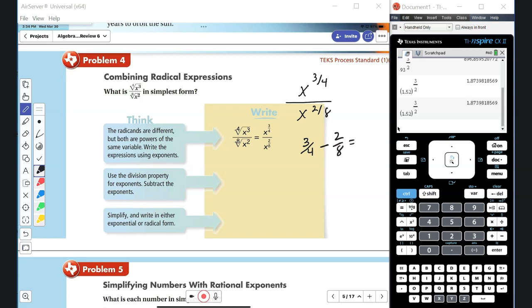And what you can do, you can use your calculator. 3 divided by 4 minus 2 over 8. 0.5, isn't that a half? So that's 1/2. So what this is going to be, it's going to be x to the power 1/2, which is going to be the square root of x.